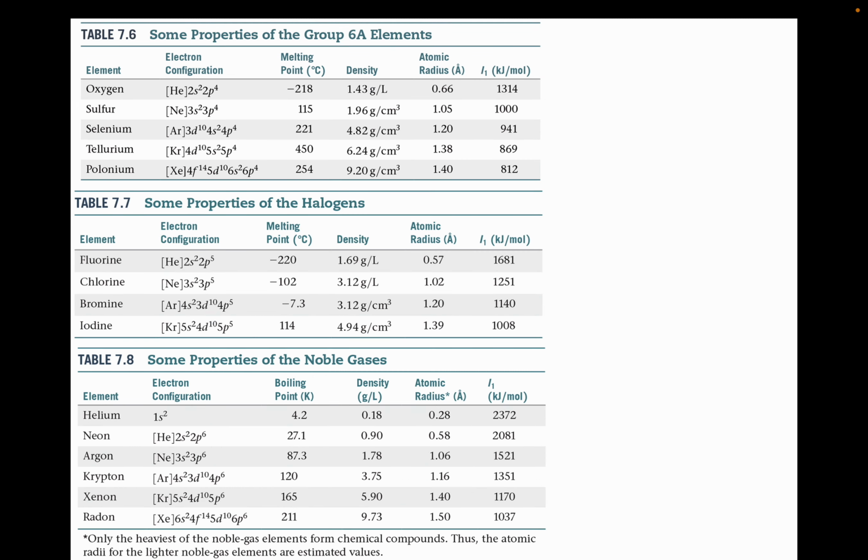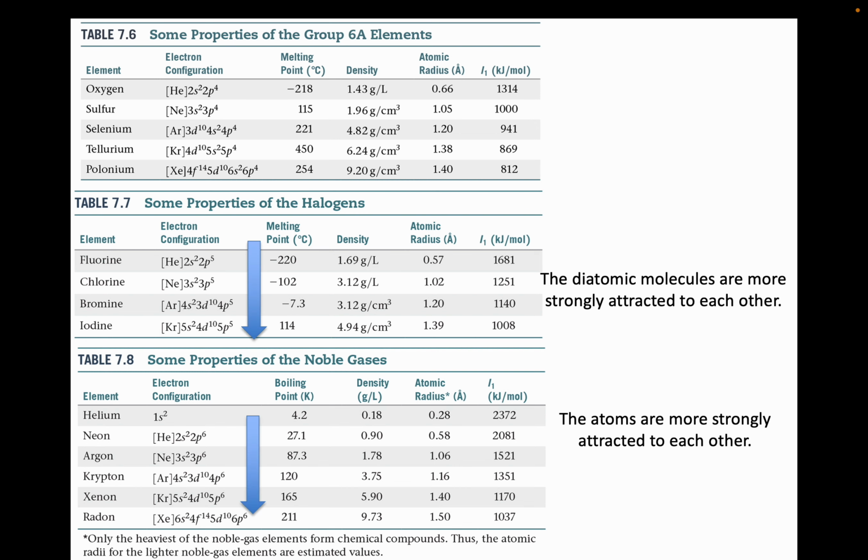At the end of the chapter, we have similar properties listed for the right-hand side of the periodic table. Group 6A, which includes oxygen, and then the halogens and the noble gases. Just a couple takeaways here. If we look at the data for the melting point, considering the halogens, for these diatomic molecules, the diatomic molecules are more and more strongly attracted as the atoms have a larger and larger mass.